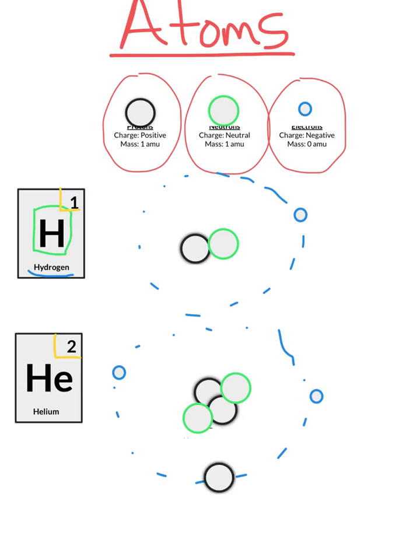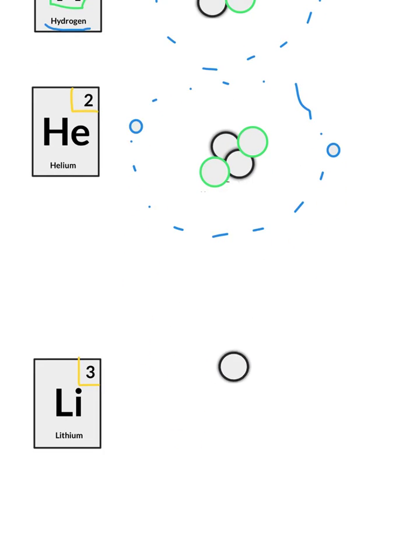Go ahead and drag it all the way down here. So that's 1, 2, and... oh, that's not what I wanted to do. There we go. 1, 2, and 3. Alright, so it's got 3 protons.